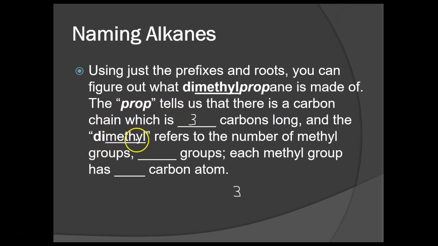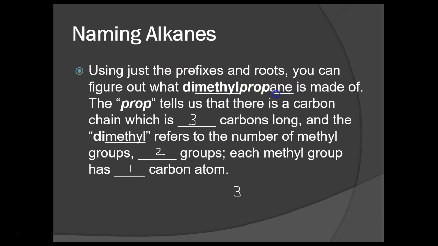And the dimethyl, di refers to 2, methyl refers to 1 carbon branches. So dimethyl refers to the number of methyl groups, which is 2 groups, and each methyl group has 1 carbon atom. Okay, so this name, dimethylpropane, is pretty logical the way it's broken up.